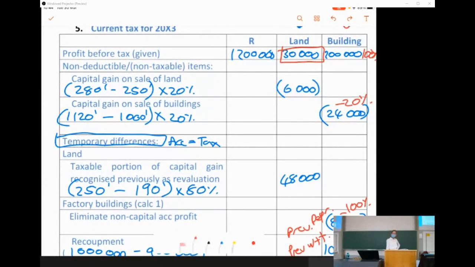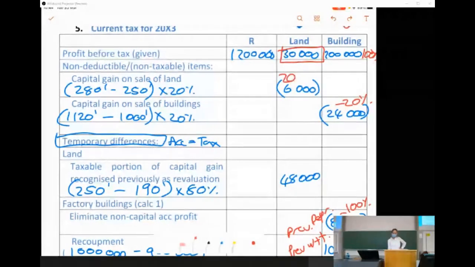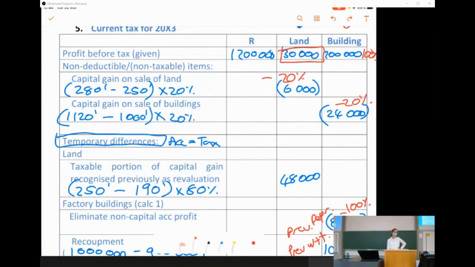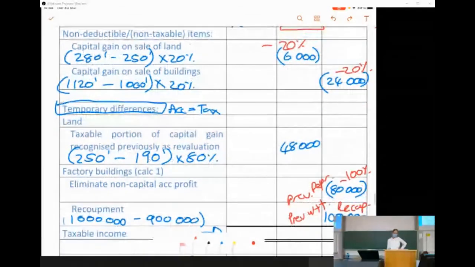So therefore, I have to say, okay, on that portion of the taxable amount, or on that 250,000, that's just a portion. So for that portion, the 20% that I don't want has to be taken out. And then we have to put in the 80% of the portion that was recognized for accounting purposes in the previous. You got that? Good.